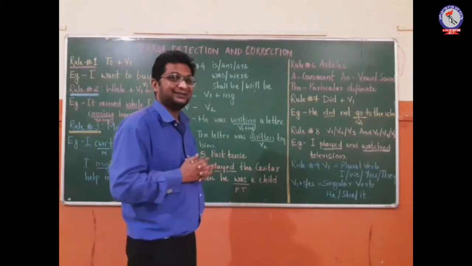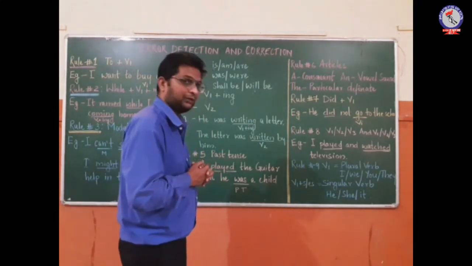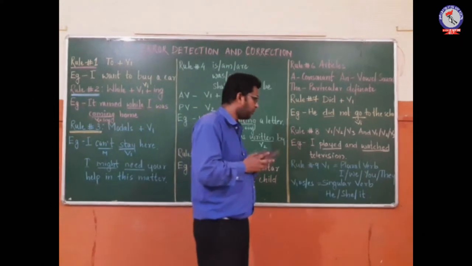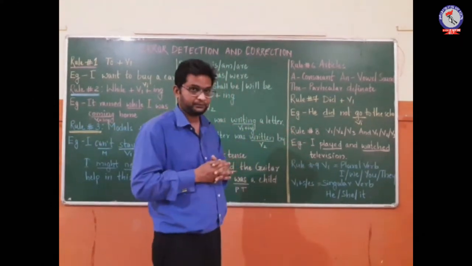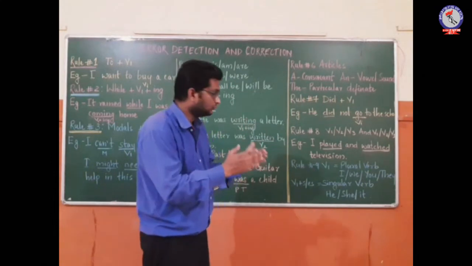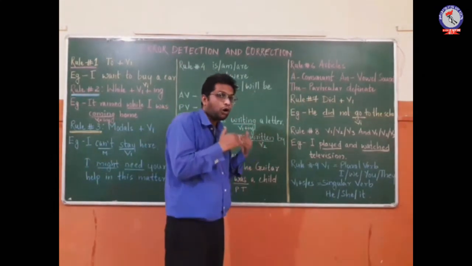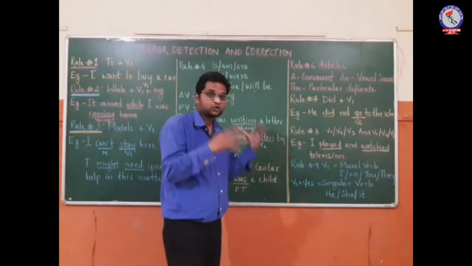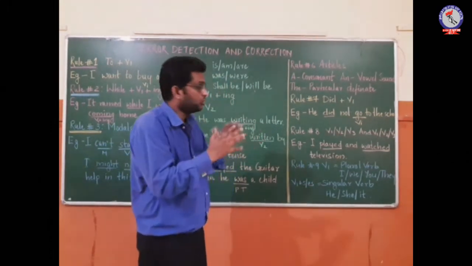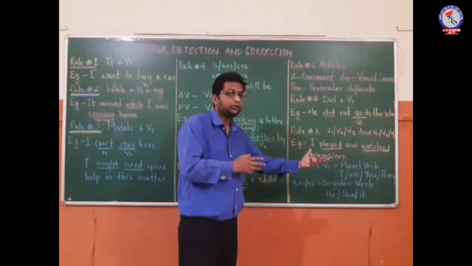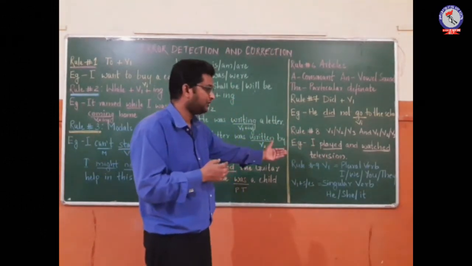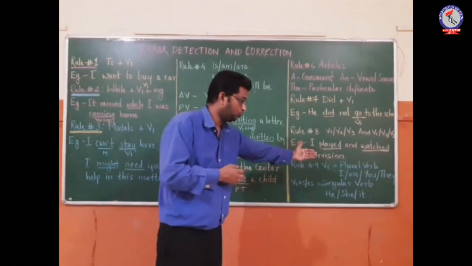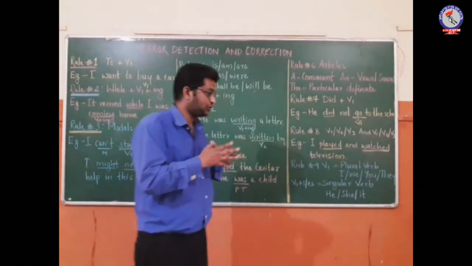Rule number 9. Let's see. Rule number 9. Word 1 equals plural verb. Wherever we come across word 1, the first form of verb, that represents the plural verb, and it will be used with I, we, you, they. Now this is the rule.